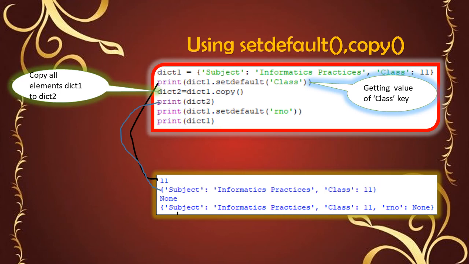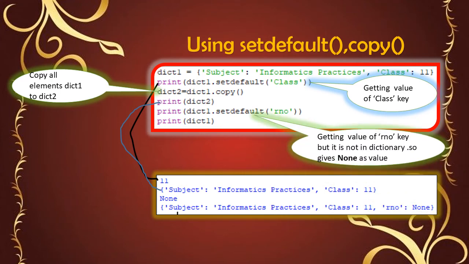And now we are printing dictionary 2, the same as dictionary 1. And next, dictionary 1 dot setdefault of RNO, roll number, is given. That RNO key is not available in dictionary 1, so it displays the default value none.